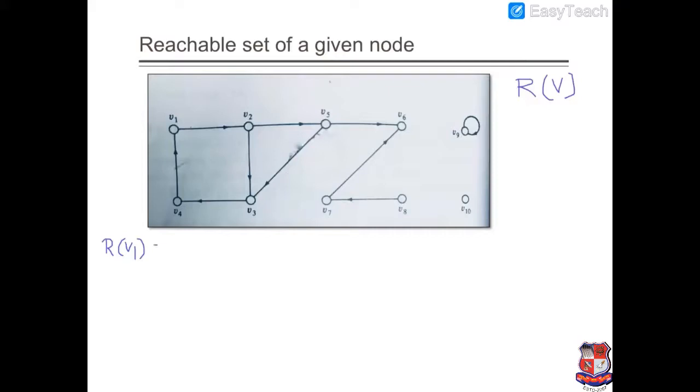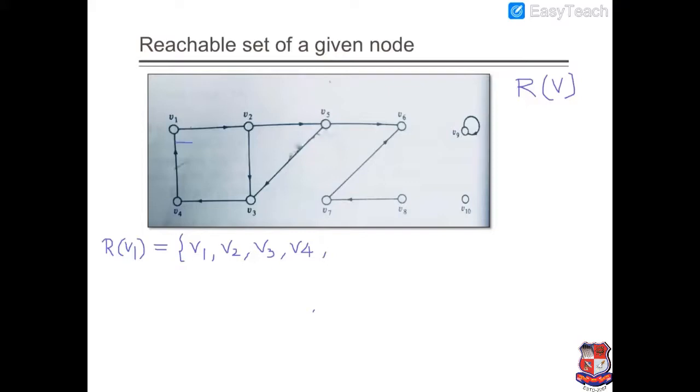From the digraph we can say that vertex V1 is reachable to itself, that means V1 is in the set. V1 is reachable to V2, it is also reachable to V3 as per the direction, and V3 is reachable to V4. Therefore the set has V1, V2, V3, V4.